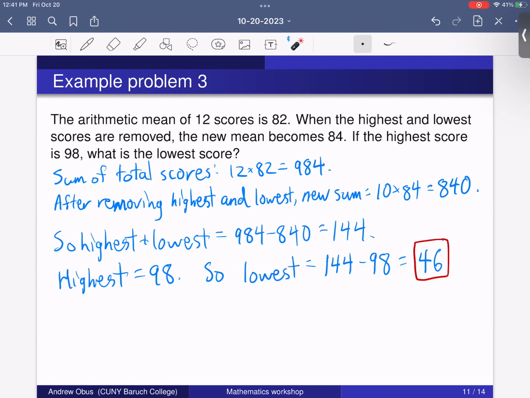So in this case, we just need the total sum for all the scores. Now the total sum for the middle 10 scores, so not the highest and not the lowest. And by subtracting them, 984 minus 840, we get the total sum of just the highest and the lowest. And so we also know the highest is 98, and so that means the only choice for the lowest is to be 46. So this is great.